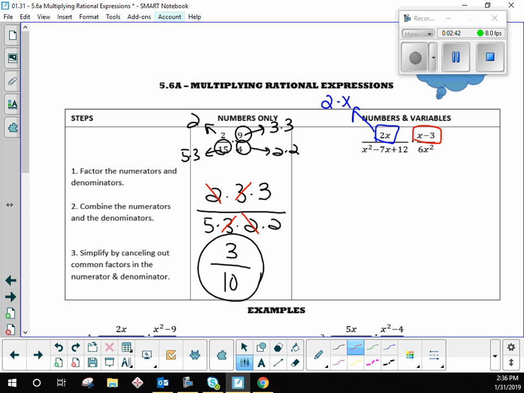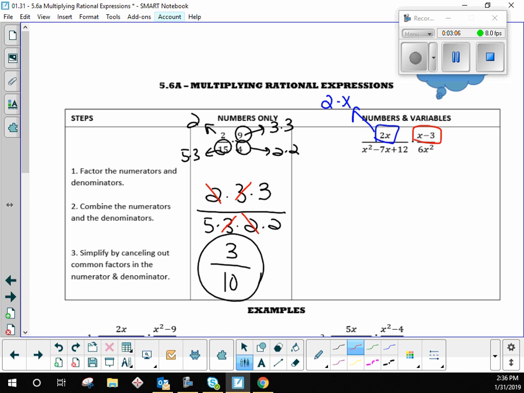And here's where I have to talk a little bit about what factors are. Remember, factors are things that are multiplied together. Do you remember? Multiplied. It's something times something times something times something. This numerator, this x minus 3, that's not x times 3, right? So those are not factors.